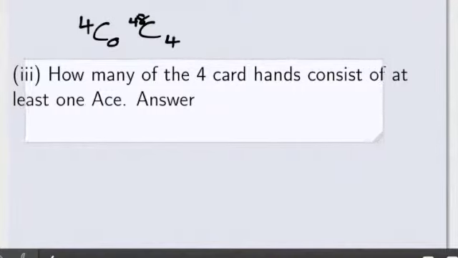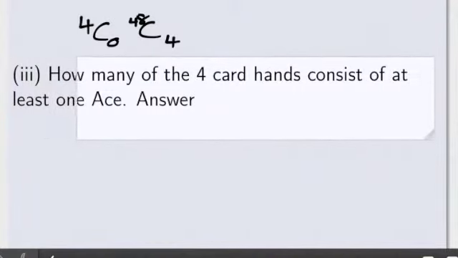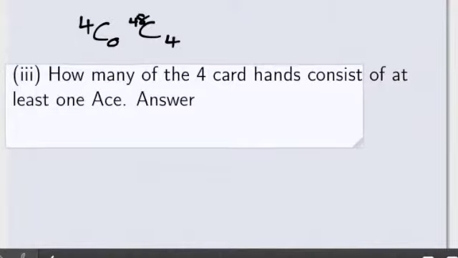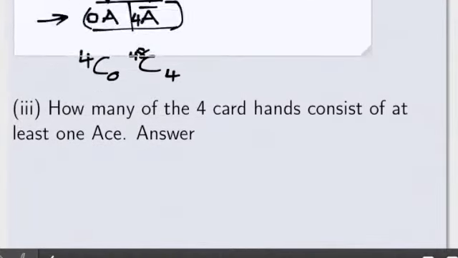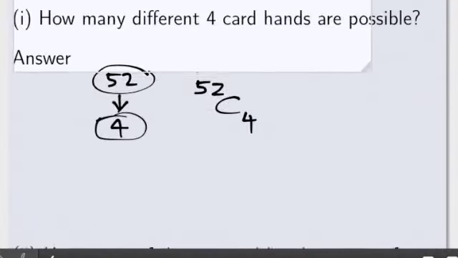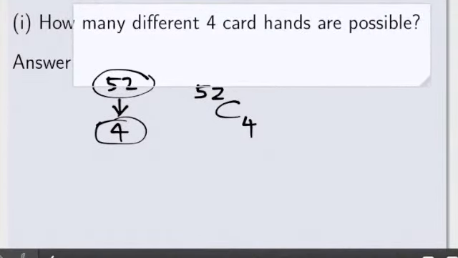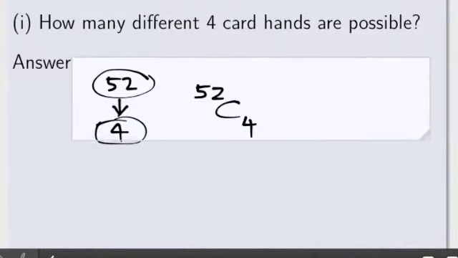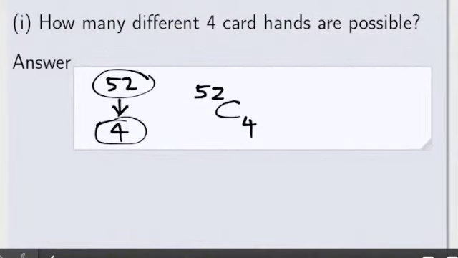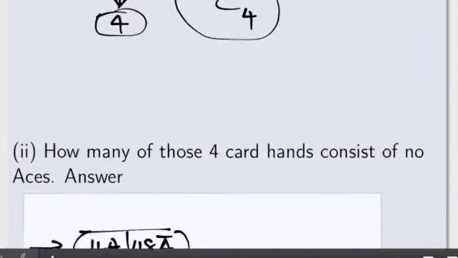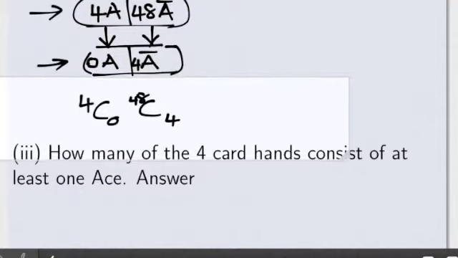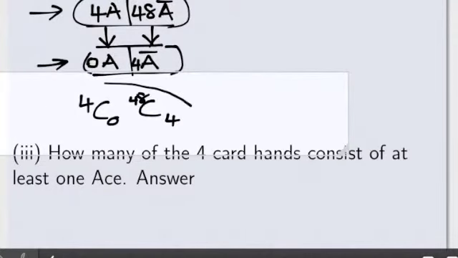Question 3. How many of those 4-card hands consist of at least 1 ace? Now consider the combinations of 4-card hands. The combinations of 4-card hands are given by this term. The combinations of having 0 aces in the 4-card hands are given by this term.